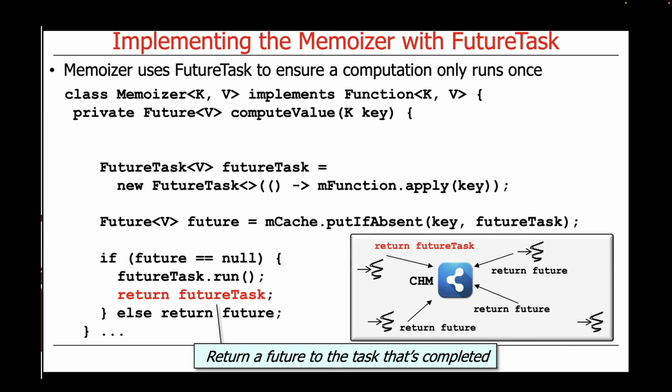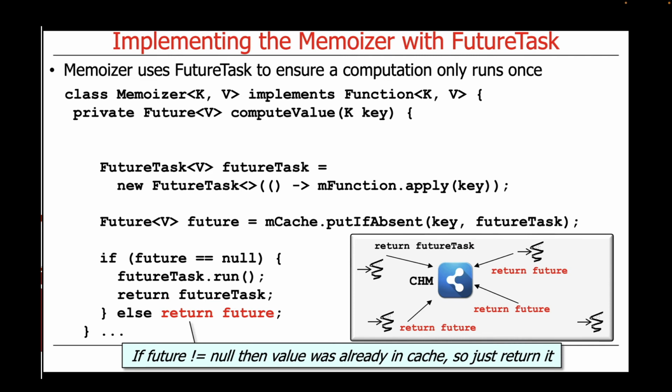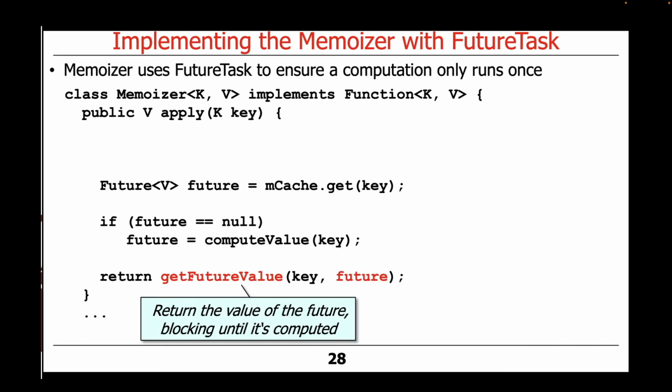Otherwise, if we were not the first thread in, but some subsequent thread, then it's going to return the future that came back from PutIfAbsent. And that future will be a future to the future task that was put in by the first thread that came along. It's very subtle.